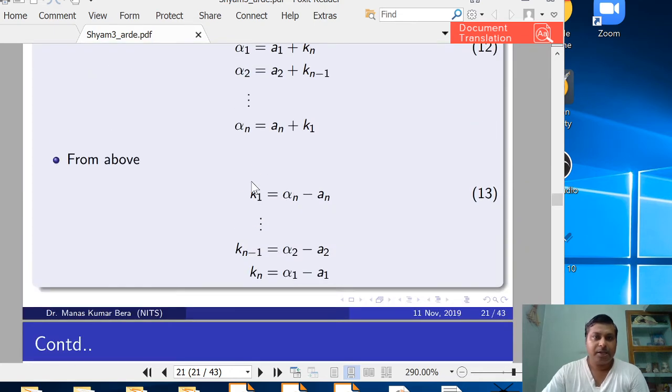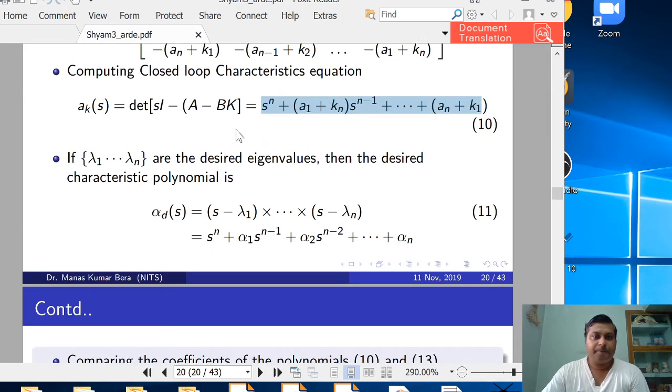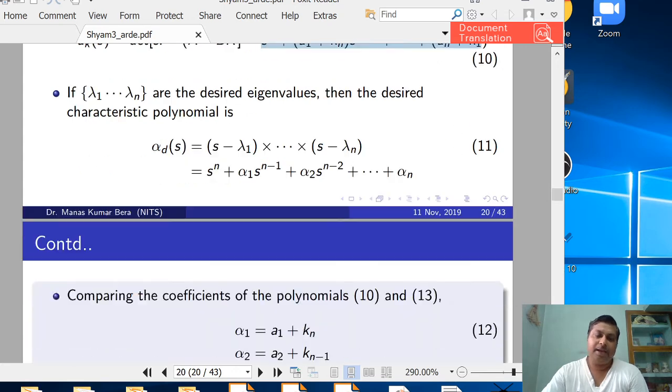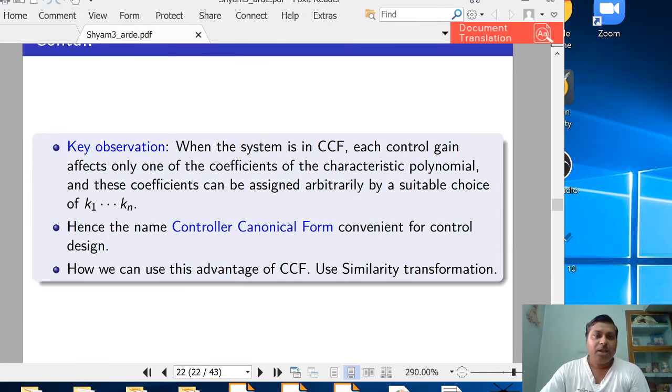You see that k1 only is added with a1, and this coefficient can be assigned arbitrarily by a suitable choice of k1, k2, kn. Hence the name controller canonical form, convenient for controller design.